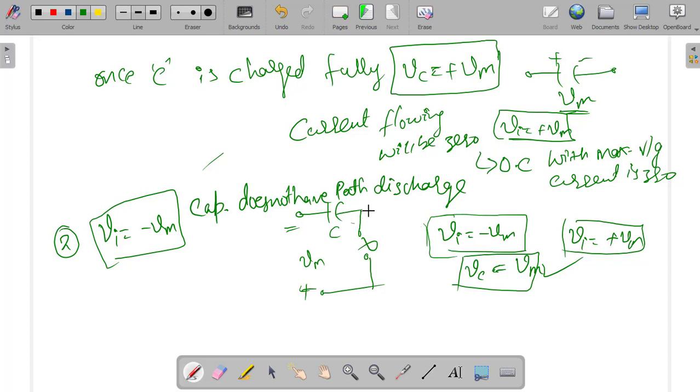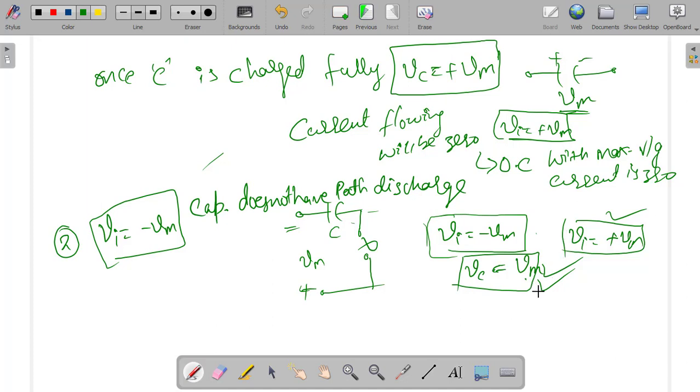Suppose I have a resistance in parallel, it will automatically discharge through the resistance, but this has no path. No path available makes the capacitor voltage remain constant. So there is no change in the capacitor voltage. Whether Vi is plus Vm or minus Vm, the capacitor voltage will remain Vm.